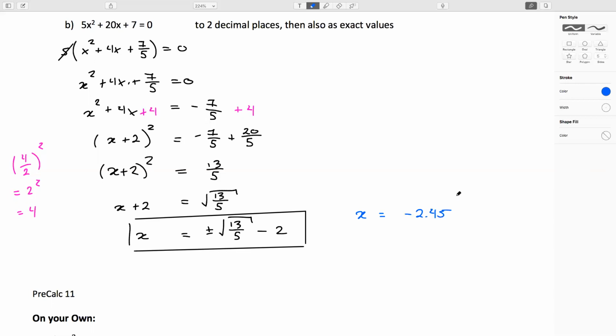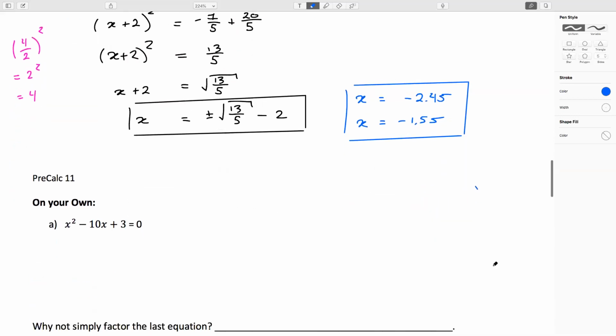Or if we did it with a plus, x would equal negative 1.55. So those are our other possible options. Technically, these answers are the same as our exact value in here, but it's just how the question has been asked.